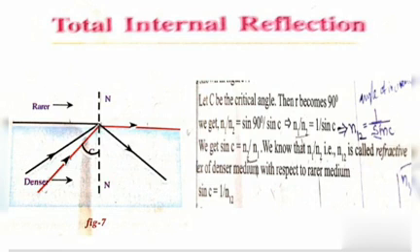From Snell's law we can write n1 sin I equal to n2 sin R. From this equation, n1 by n2 equal to sin R by sin I. We know that n1 by n2 is greater than 1, so sin R by sin I is greater than 1.